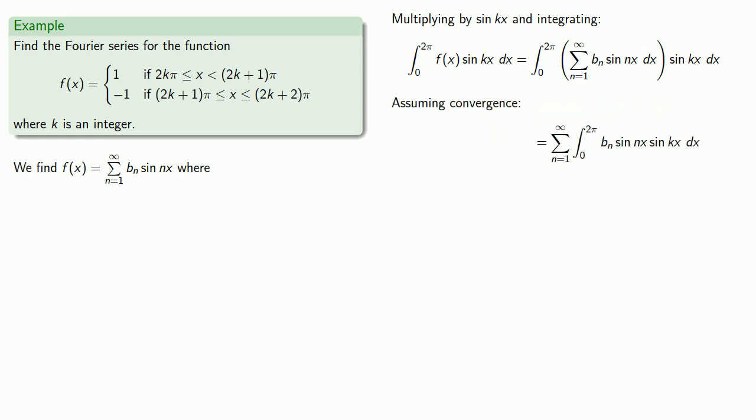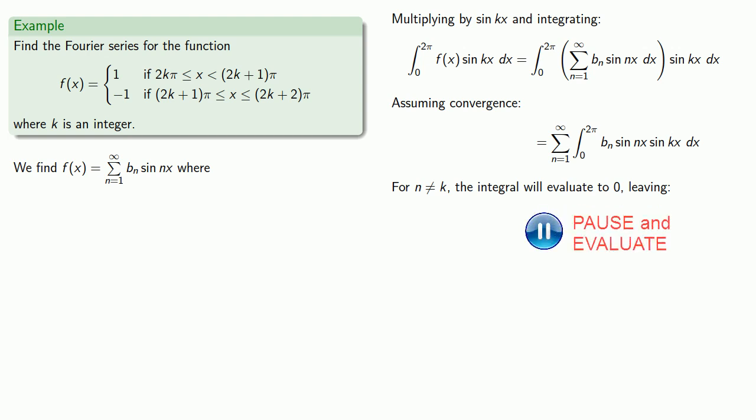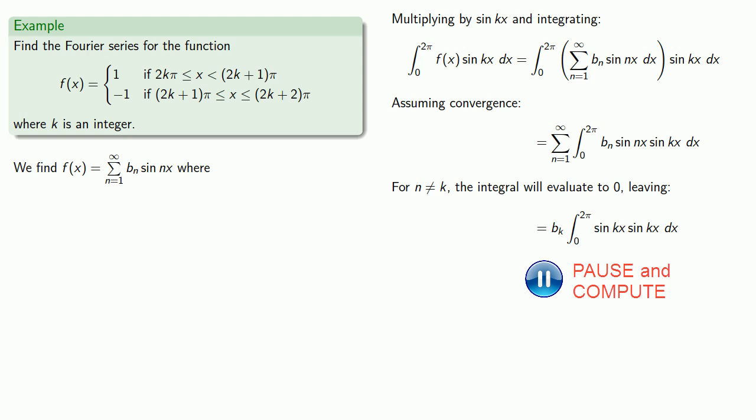Assuming convergence allows us to interchange the summation and the integration. And the important idea here is that for n not equal to k, the integrals will evaluate to 0, leaving as our sole survivor the integral with sine kx. And this will be bk times pi.